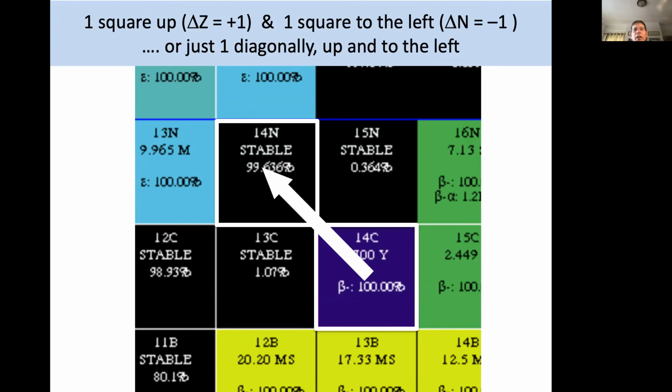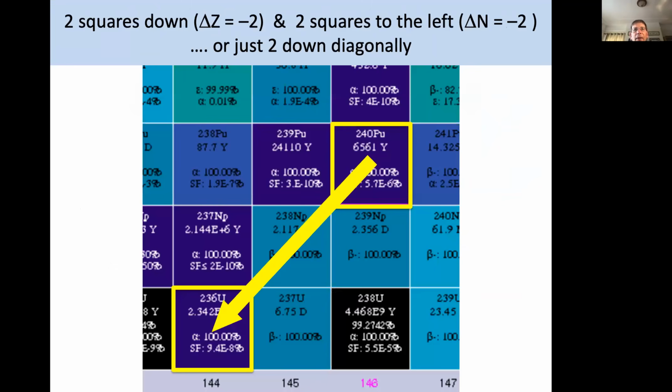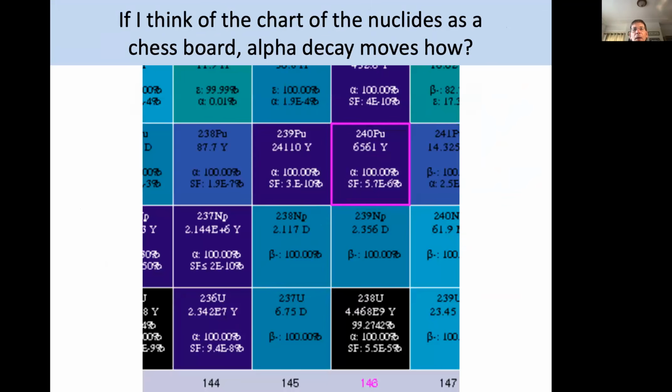Here's something interesting that'll be very important later in the course when we talk about fuel: where does plutonium-239 come from? It's got a half-life of 24,000 years, so you're not going to find it naturally in the Earth's crust.